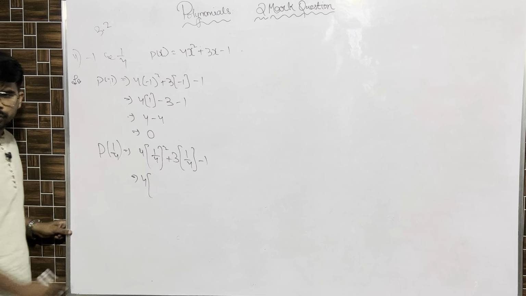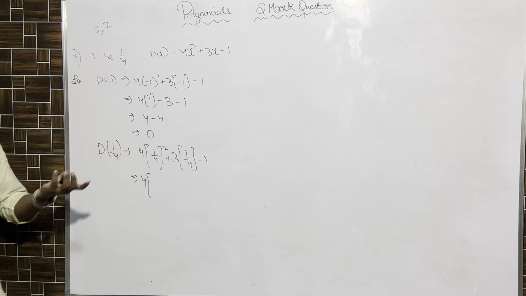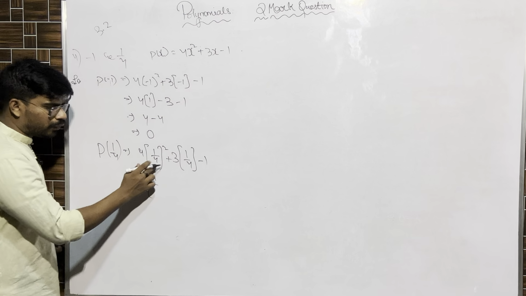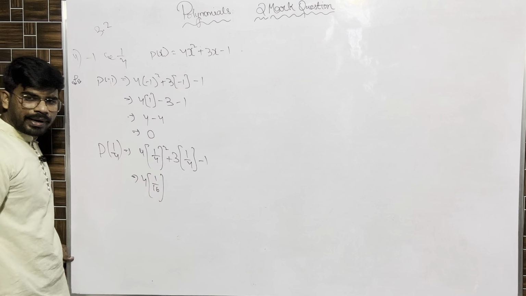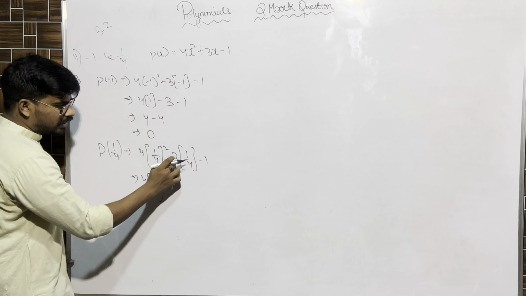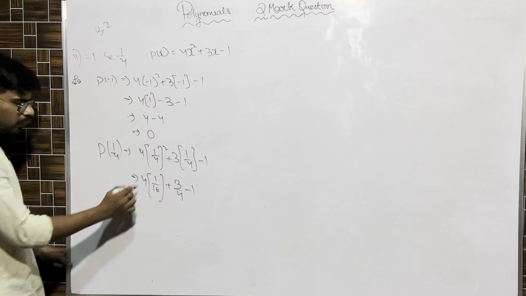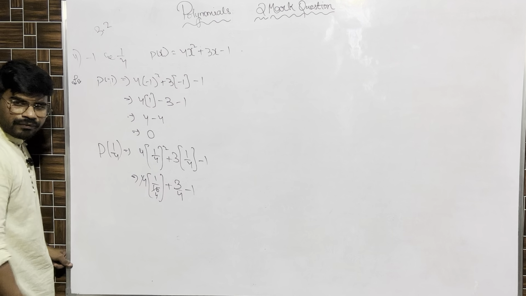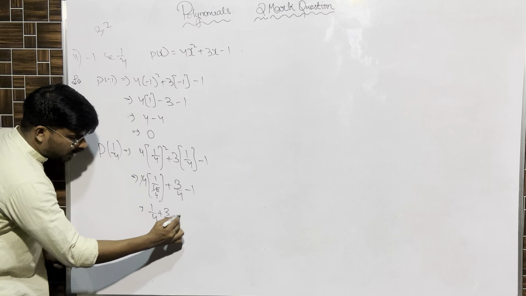This square should be given to 1. This square should be given to 4 as well. If I give square to 1, 1 square is 1 only. If I give square to 4, 4 square is 16. So this square should be split to both numerator and denominator. Plus 3 into 1 is 3, 3 by 4, minus 1. So this 4 into 1 is 4. 4 4s are 16. We can cancel. It will become 1 by 4 plus 3 by 4 minus 1.